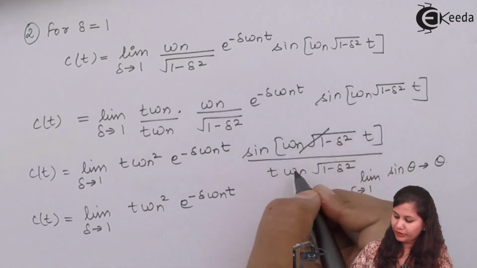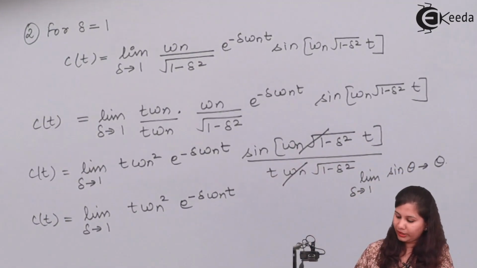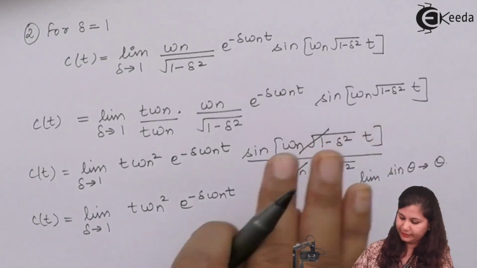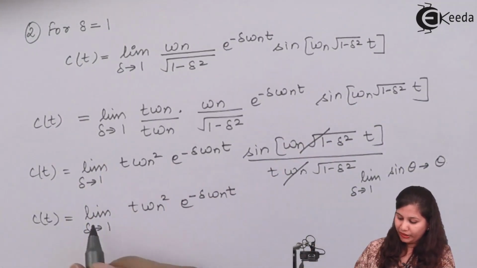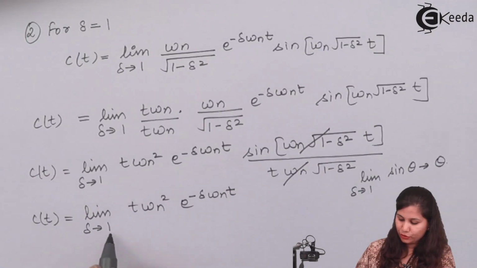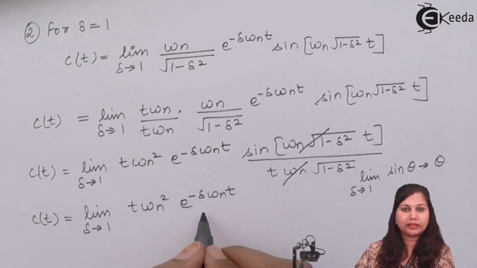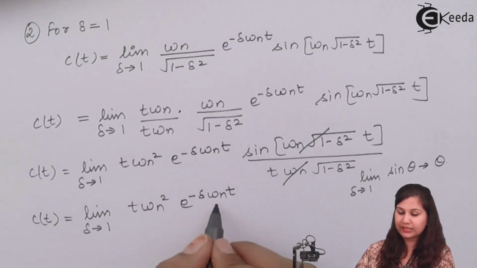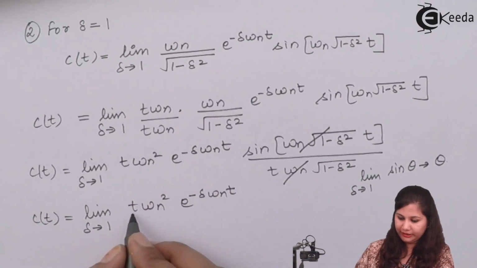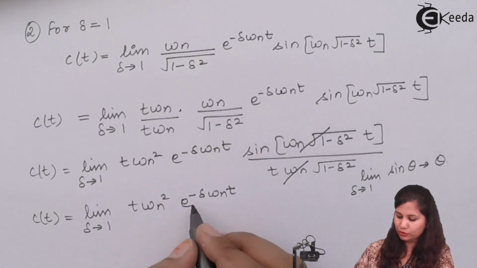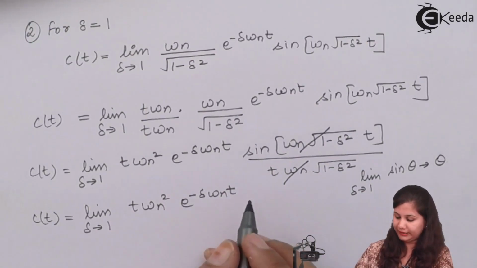So this is going to be cancelled with this. Okay, so this term is neglected. Now we are left with only this term. Okay, so when we apply the limit delta tends to 1, e raised to the power 1 is going to become 1. Okay, and we are left with only t omega n square e raised to the power minus delta omega n t.